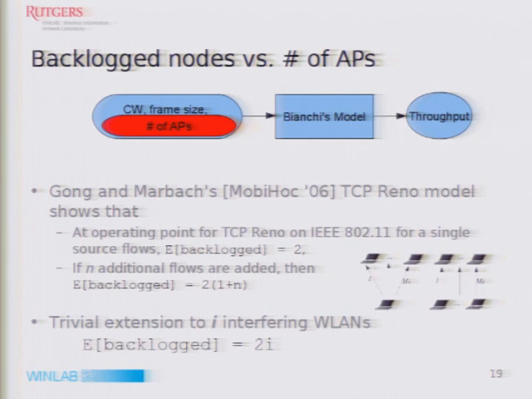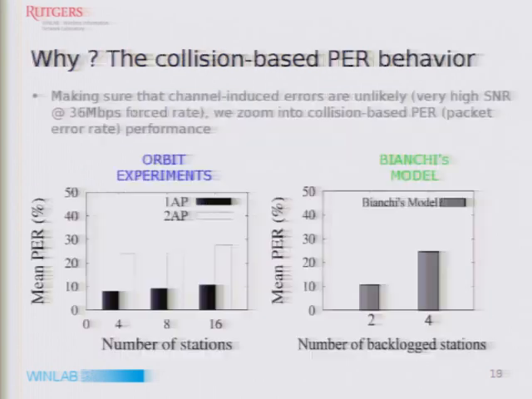So essentially, each additional cell you add brings in 2 more backlogged stations. Ours is a trivial extension to that: if you have I interfering wireless LANs, the number of backlogged stations will be 2I, making that connection between the number of APs and the number of backlogged stations, which in turn explains this magic number 2 in the previous one.